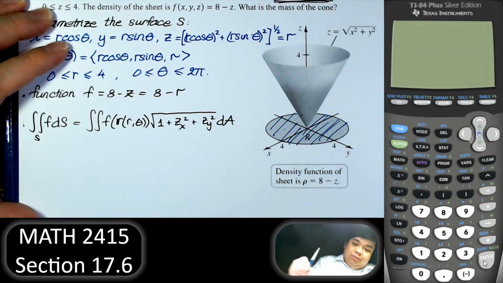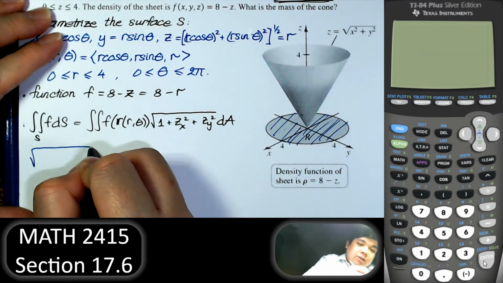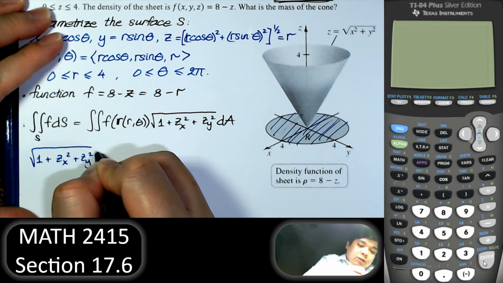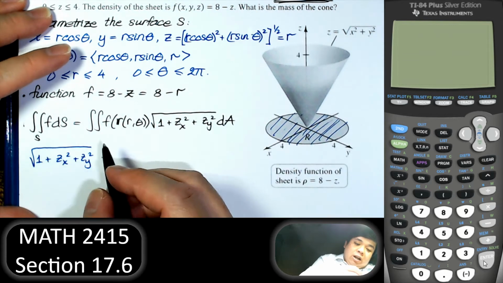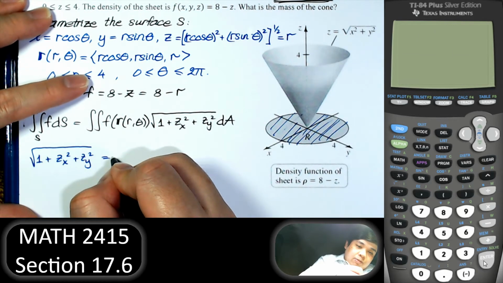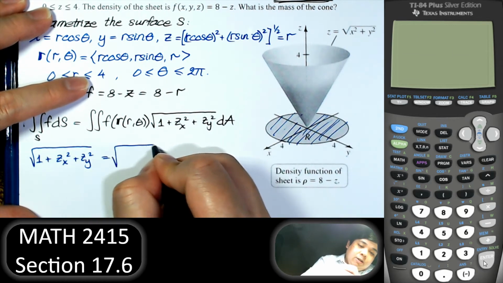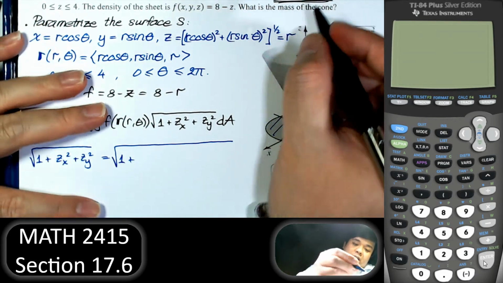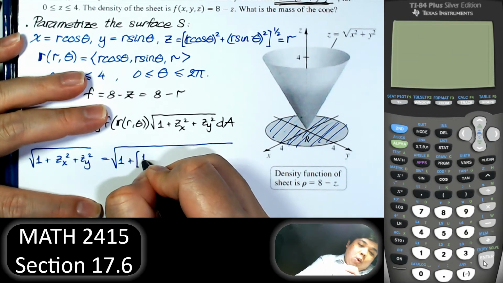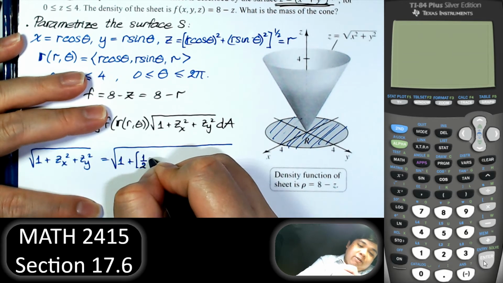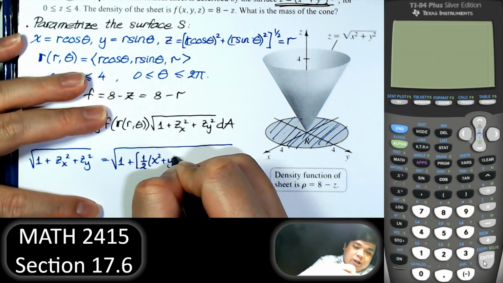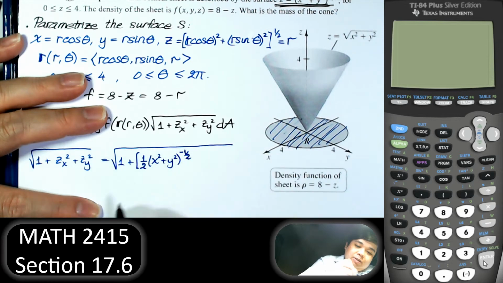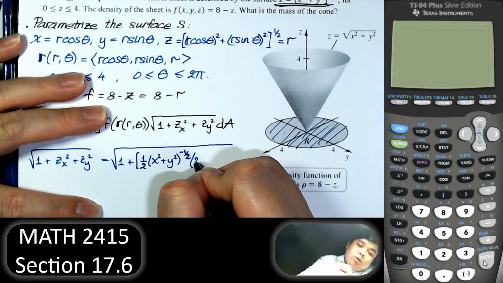The derivative with respect to x is going to be 1/2 times x squared plus y squared to the negative 1/2, times 2x.